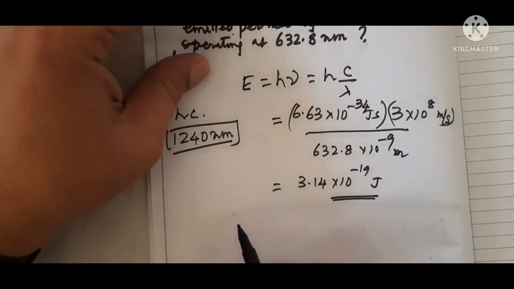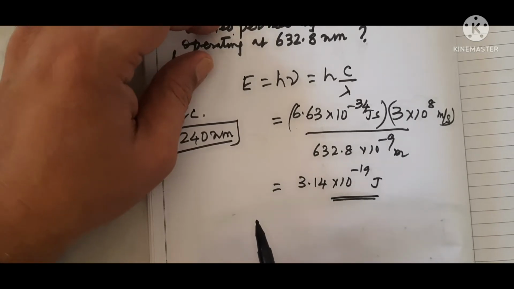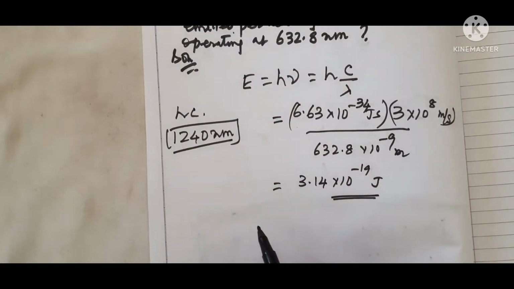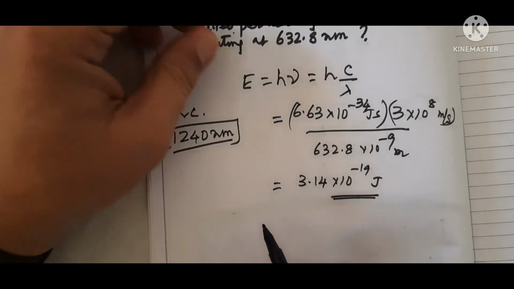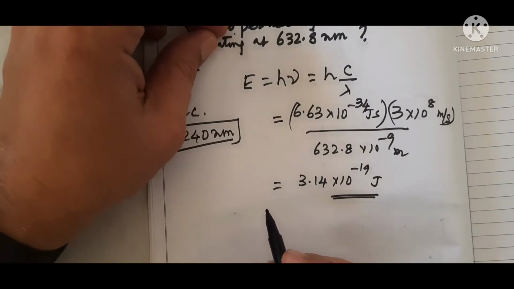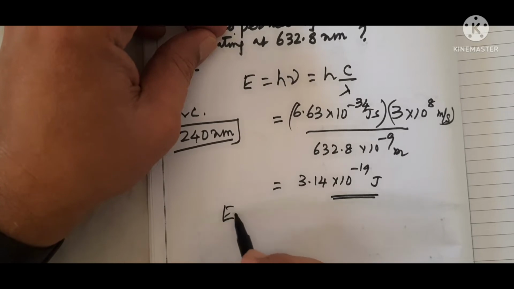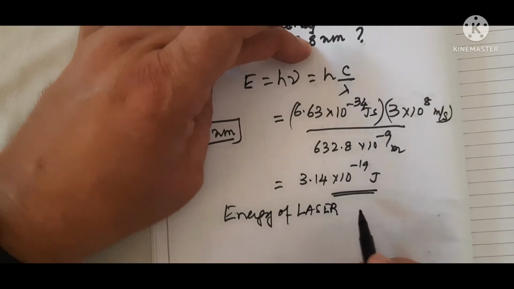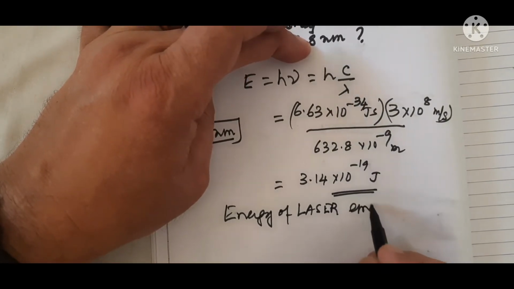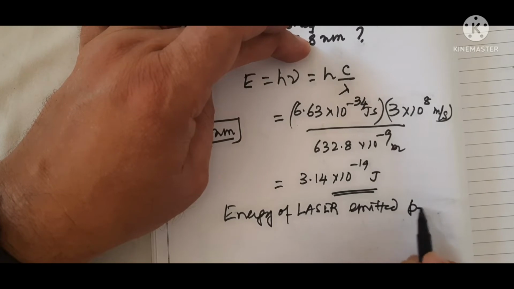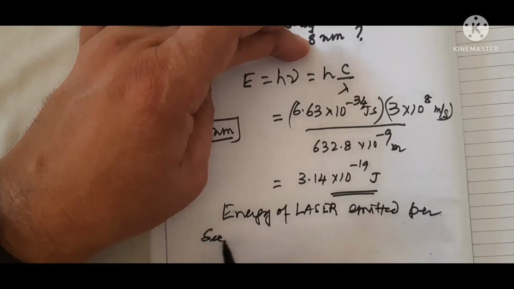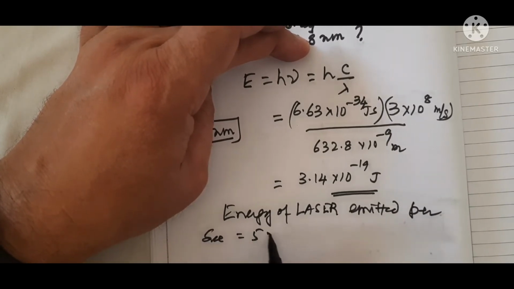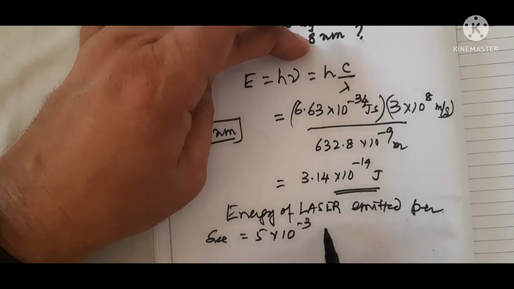So here it is given the energy of the laser emitted per second will be 5 into 10 to the power minus 3 joule.